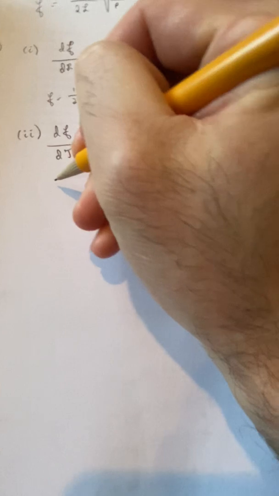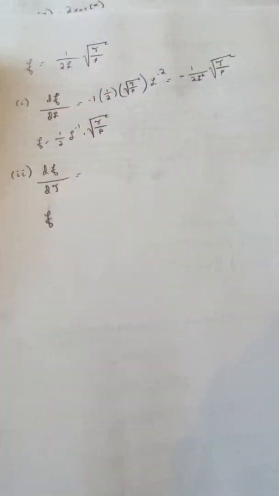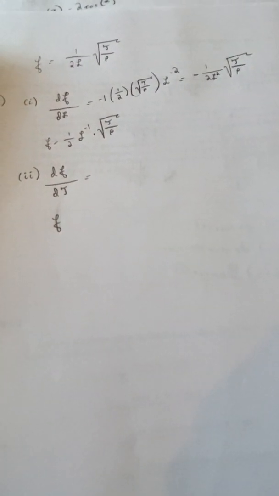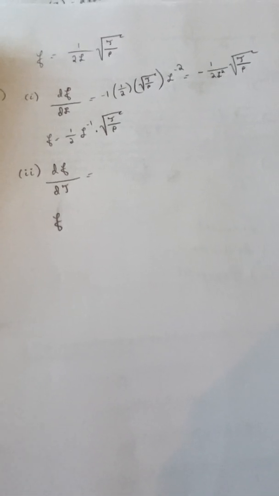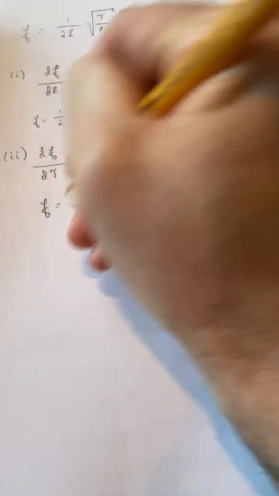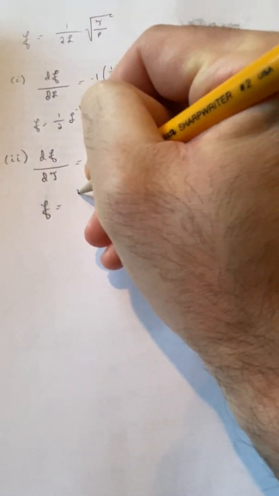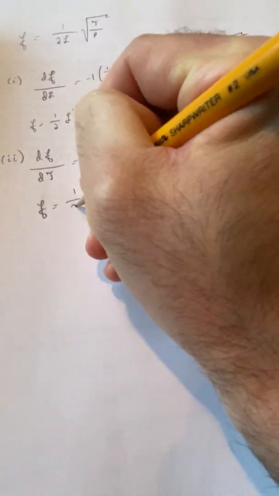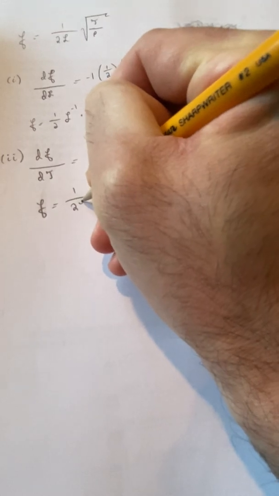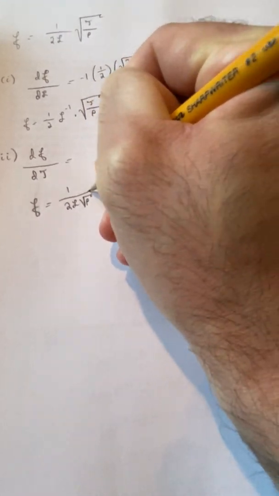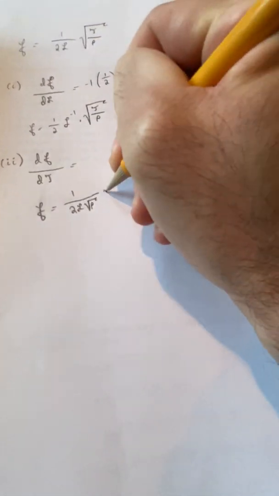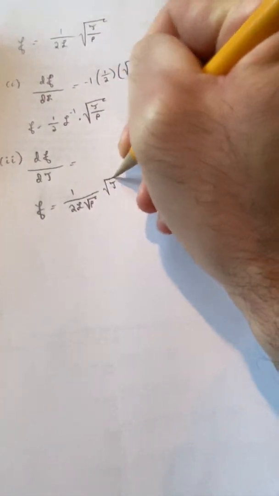And so, again, for all of these, it can be kind of helpful to rewrite the equation based on what we're calling a constant and what we're not. So in this case, we have 1 over 2L square root of rho, and then we just break out this square root of t here, okay?